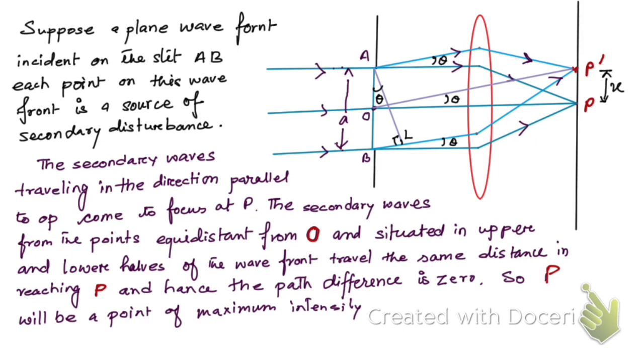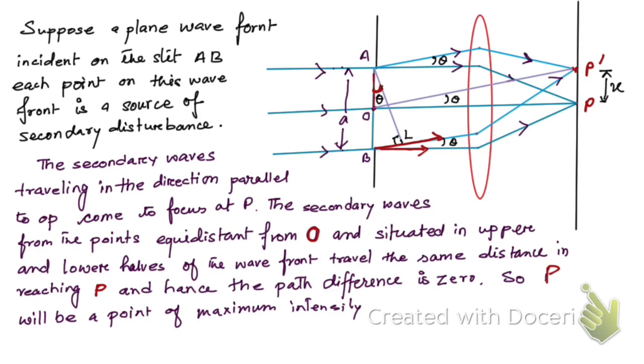Now you see, let me explain why it is theta. Here you can see that this is straight, right, and this is the diffracted secondary wave, okay, and the angle between these two is theta.